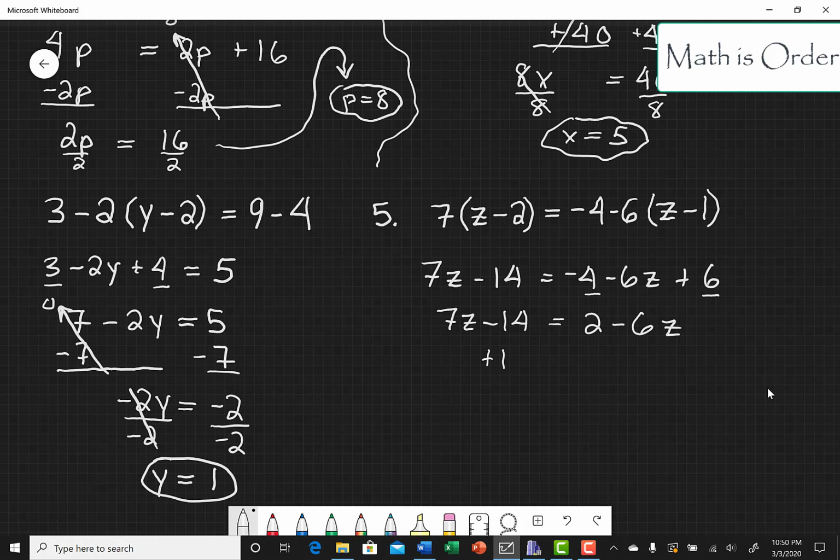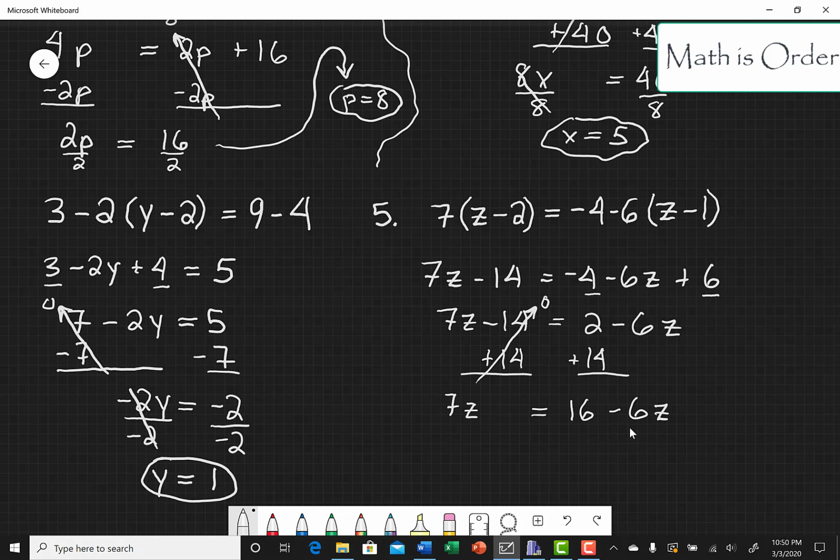So I'm going to add 14 on the left side. I'm going to add 14 on the right side. These negative 14 cancel, leaving us just 7z on the left-hand side equal to 16 minus 6z on the right.